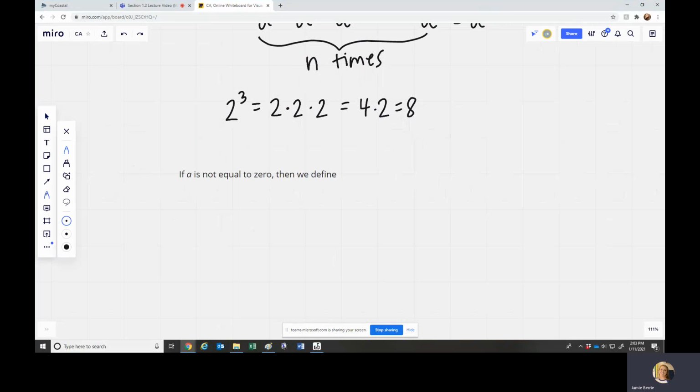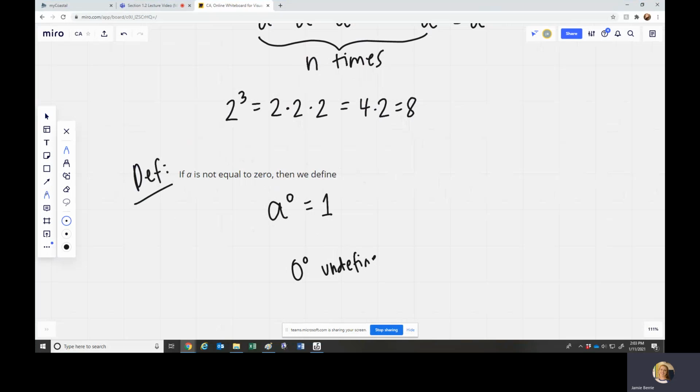Here's our second definition. It says if A is not equal to 0, then we define A to the 0 as 1. It's important here that the base cannot be 0. So 0 to the 0th power is undefined.